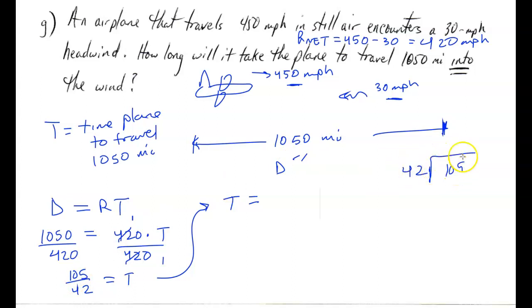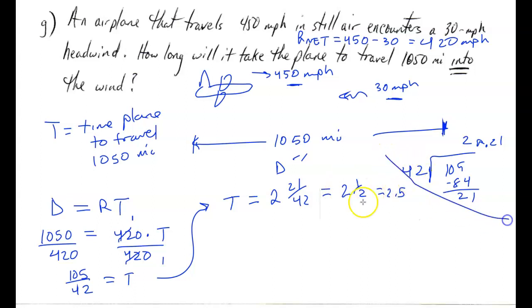We know that 42 goes into 105 two times. 2 times 42 is 84. We end up with a remainder of 21. And of course, we know 21 is half of 42. So this would be like 2 and 21 over 42, or 2 and 1/2, or 2.5.